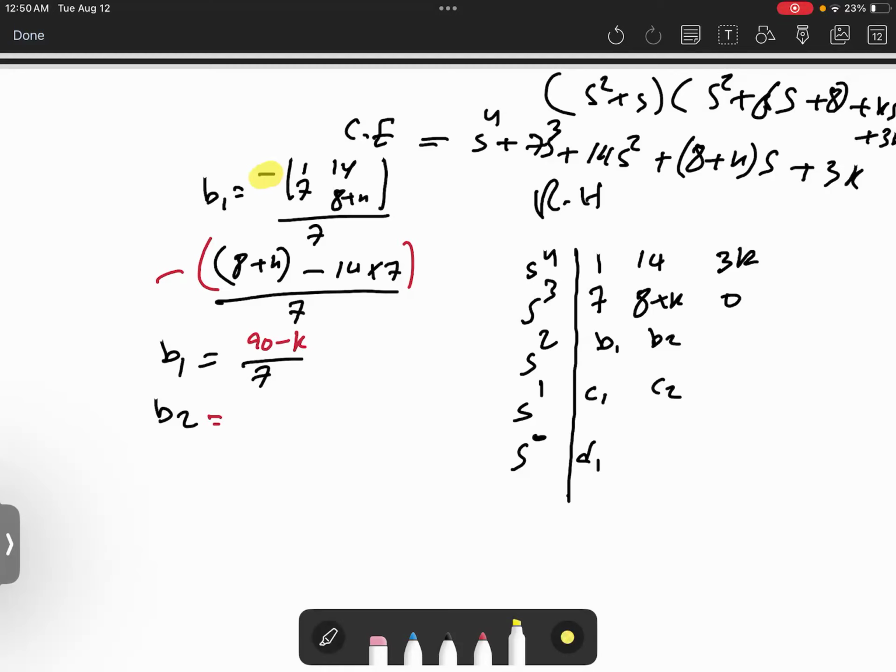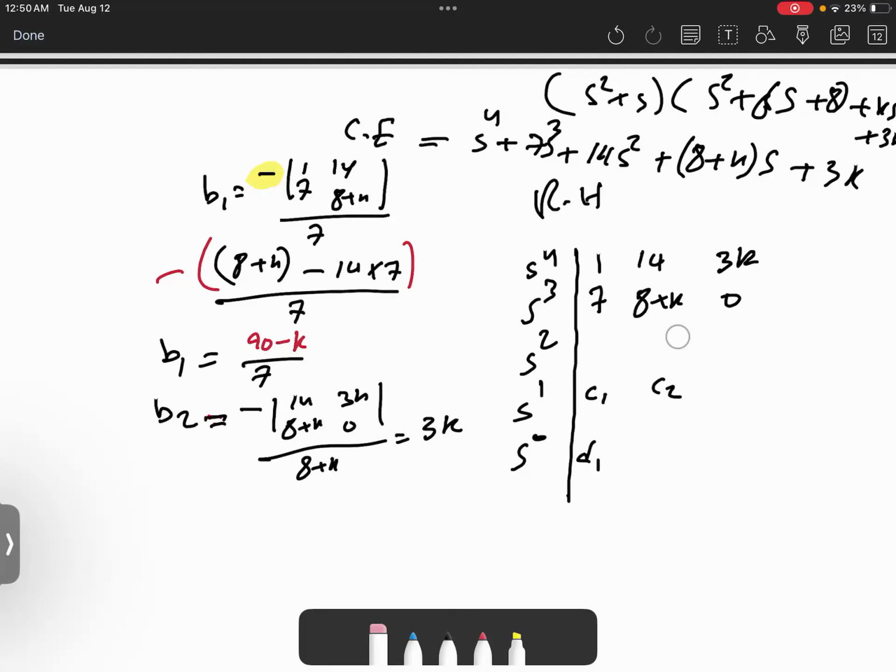After that, we will do B2, which is the negative determinant 14, 3k, 8 plus k, 0, divided by 8 plus k, and the answer will be 3k. Now I can substitute them here. So I will substitute this one, 90 minus k divided by 7. Here is 3k.